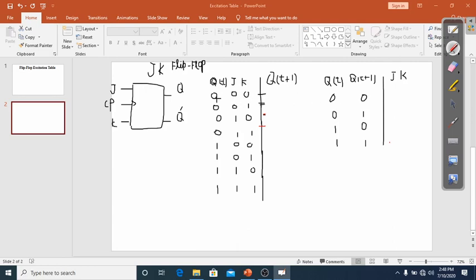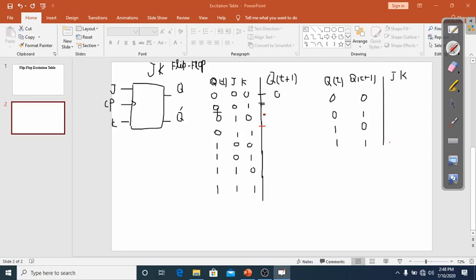So here when present state is equal to 0 and J and K are equal to 0, then there will be no change. The next state would be the same as the present state. So I will incorporate here 0.